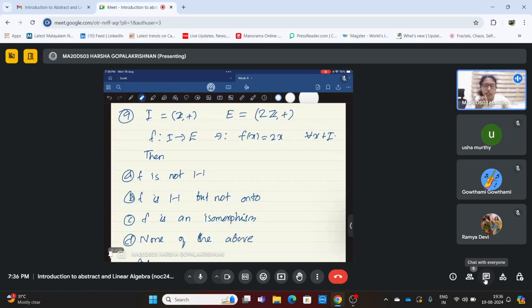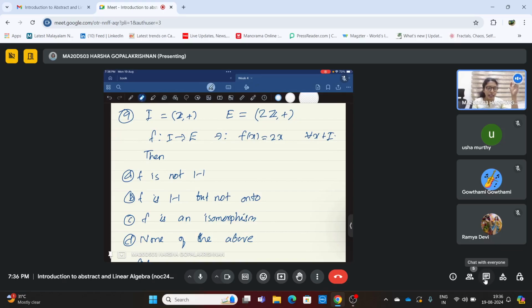Now we need to check whether it is onto. Can you say this is onto or not? What is onto?